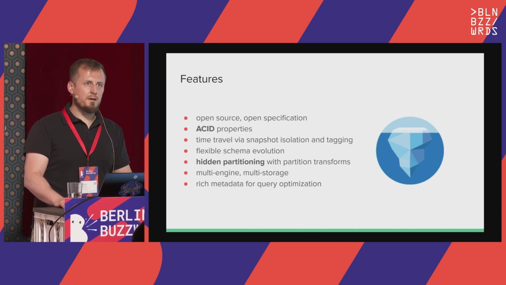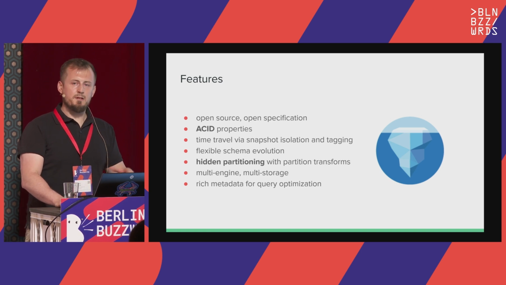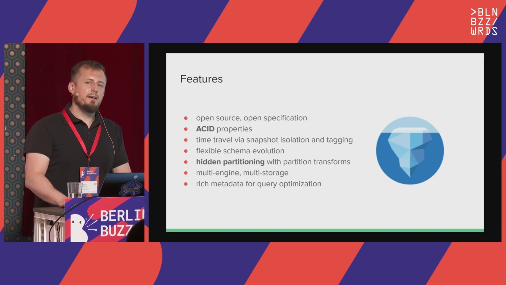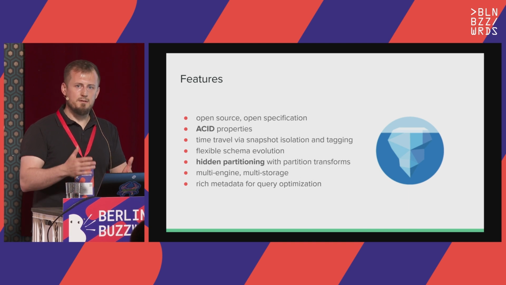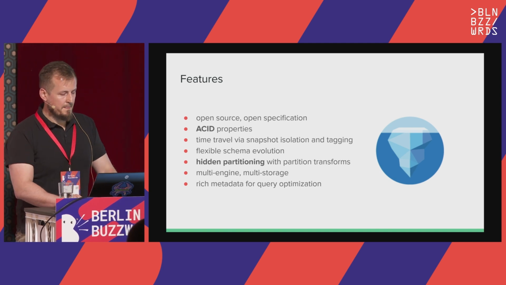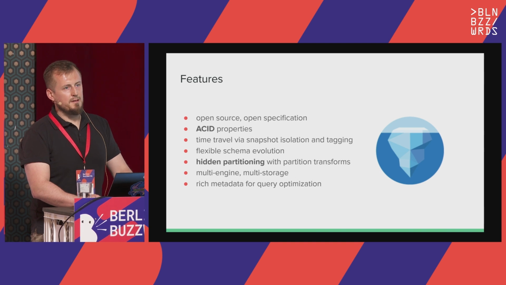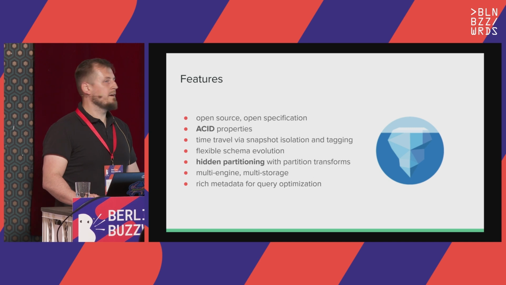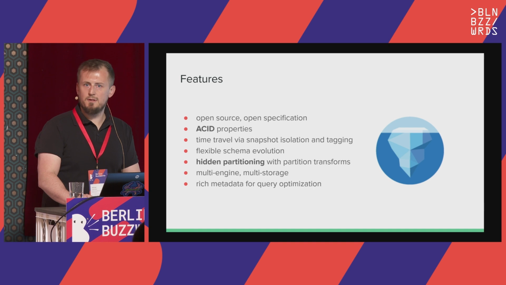Although I would say that Spark is always the safest choice here, because the Iceberg runtime for Spark is part of the official code repository of Iceberg, and for this reason the feature support there is the best. And then there is a lot of metadata exposed that can be used for query optimization by the engines, but also for exploration of what is going on with any particular table, and we are going to go through that as well.